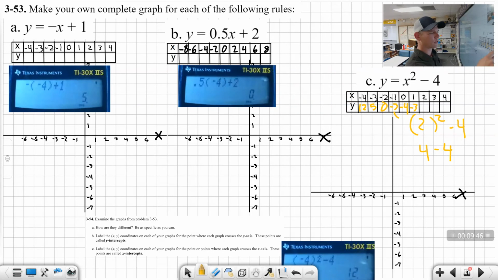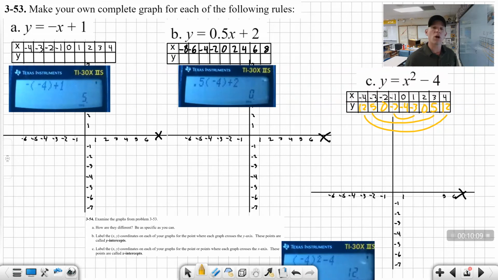Curious, I feel like I already had this answer. 0. Let's keep going. 3 squared is 9 minus 4. Back to 5. Last one. 4 squared is 16. Minus 4 is 12. Notice how we had repeat values.